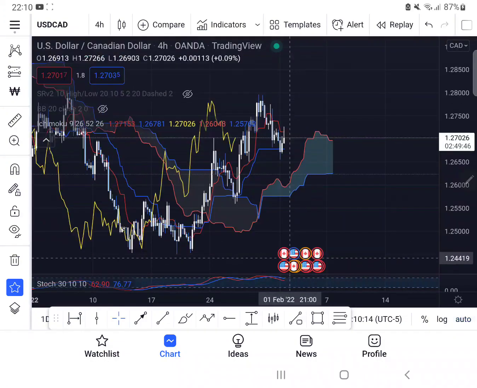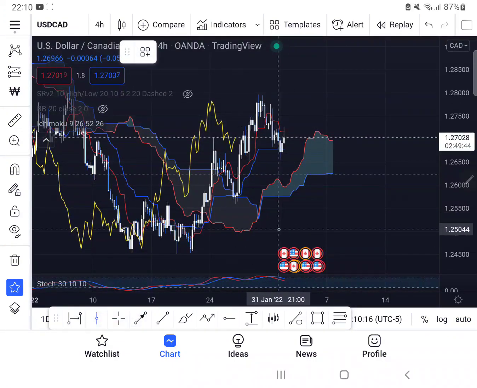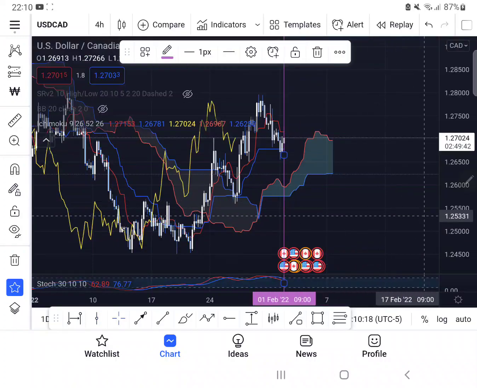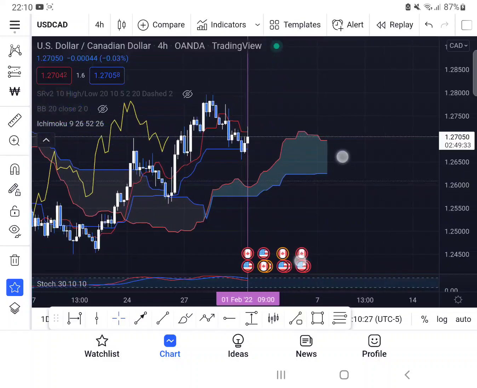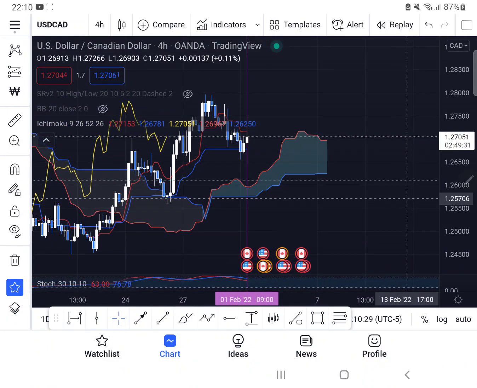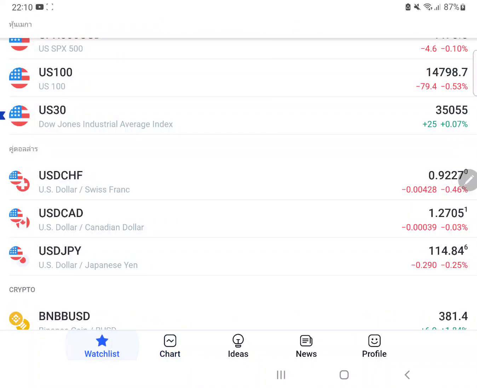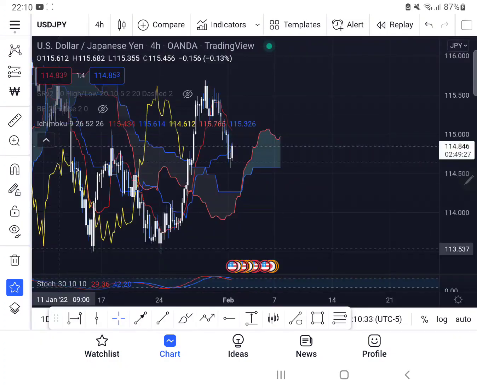On the 4-hour chart, the price moves very fast. For now, there is big news this week, a lot of hot news. As you can see, there are many more, so simply stay away again. How about the USD JPY?